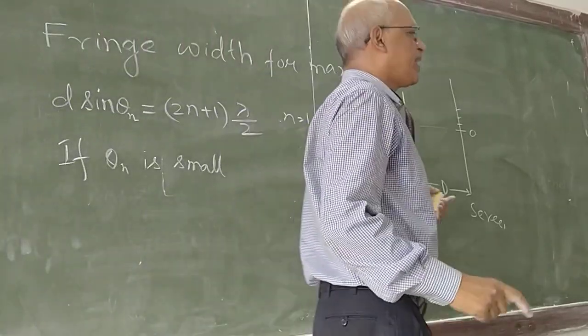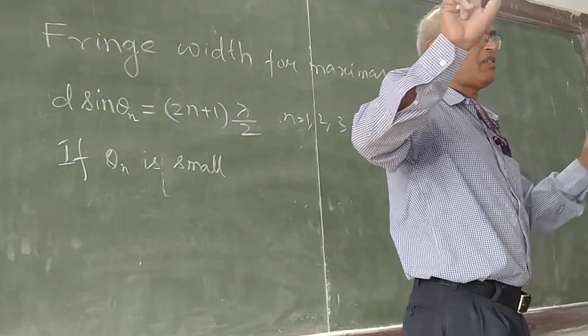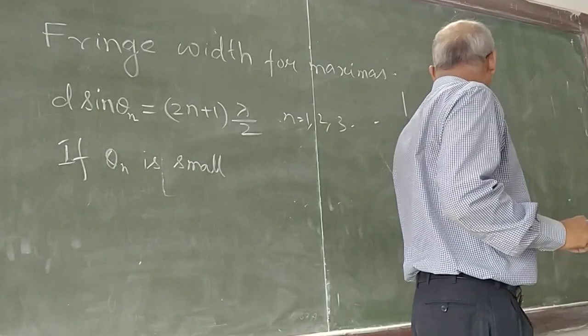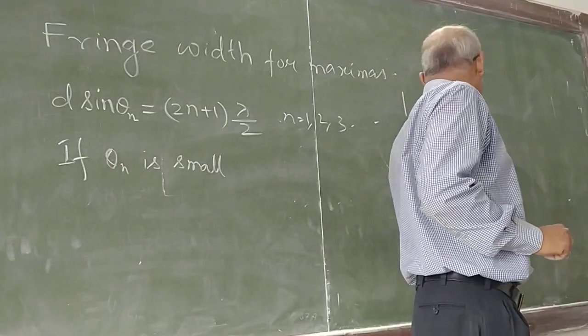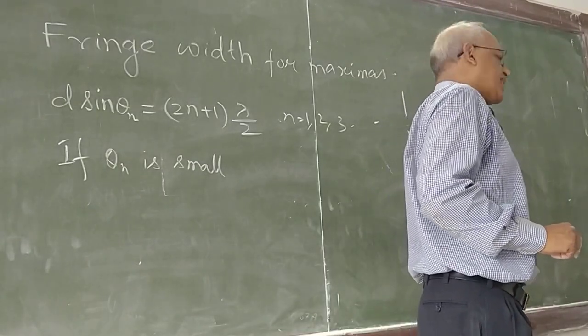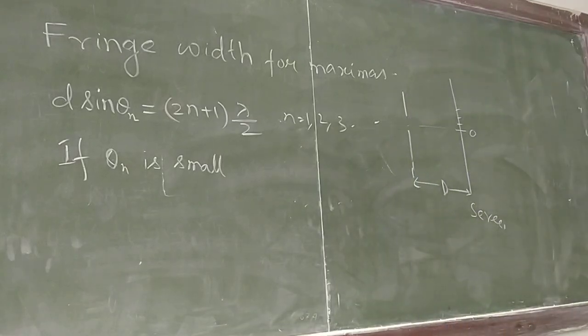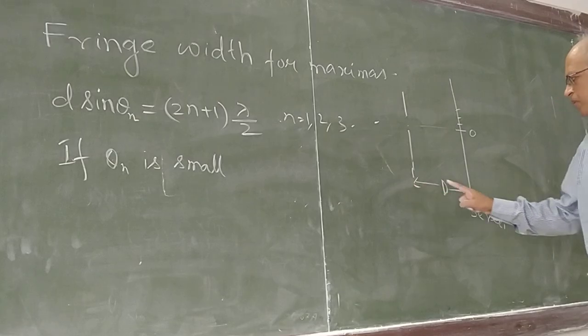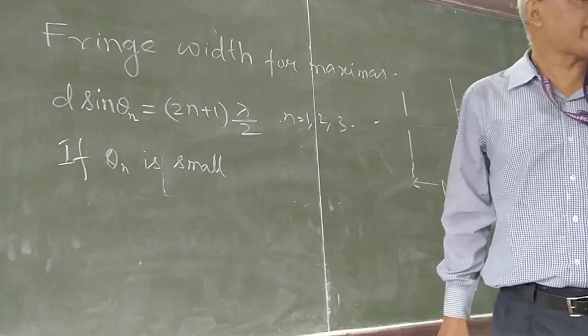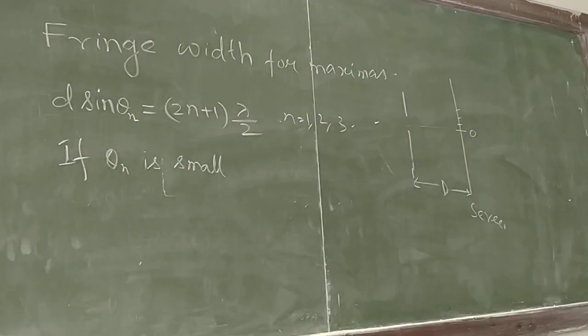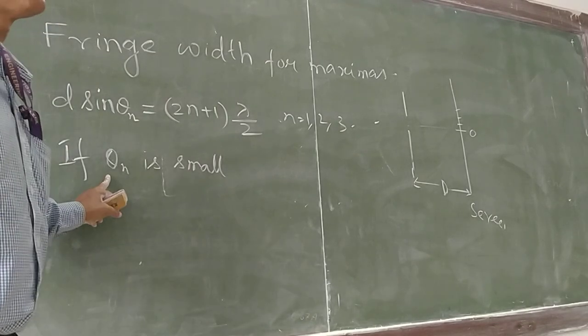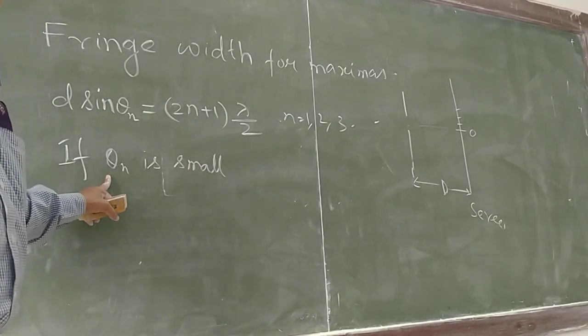in the first diagram, once again, I'll give you that. In the diagram, draw this. D is the aperture to screen distance. This D is mentioned in the first diagram. From here to here distance is D. From the aperture to the screen distance, that is D. D is generally very large compared to this.